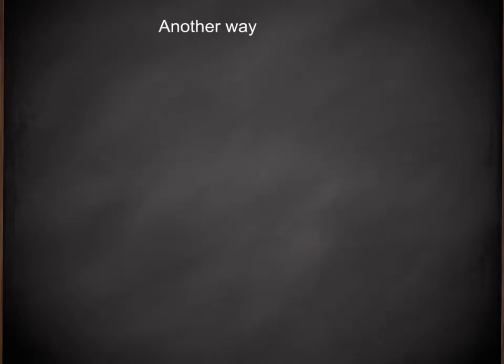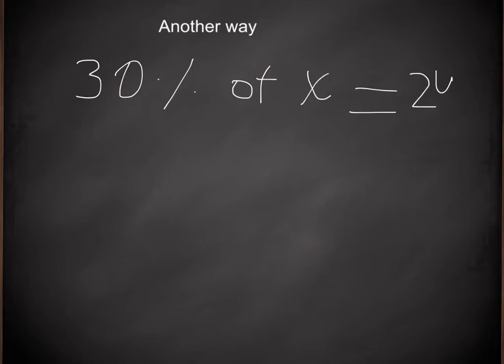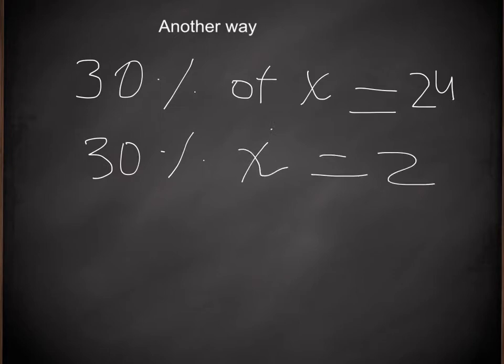For the other method, I thought another way you could do it is by an algebraic equation. My algebraic equation was 30% of x, or 30% times x, equals 24.